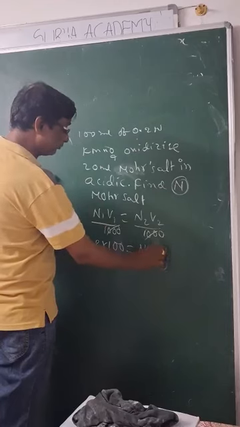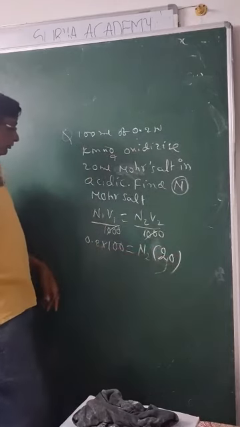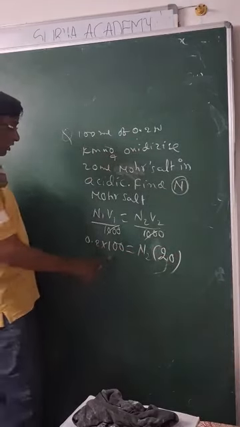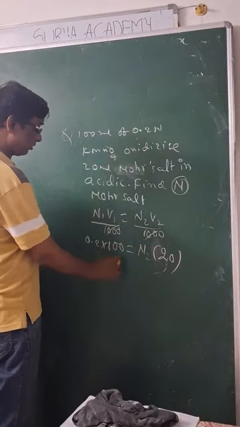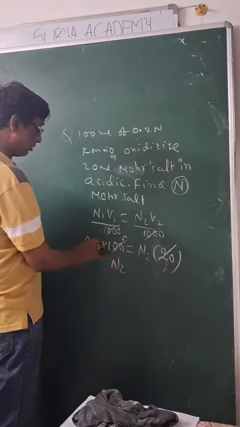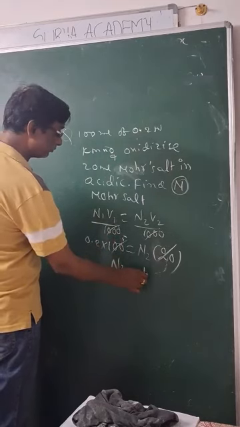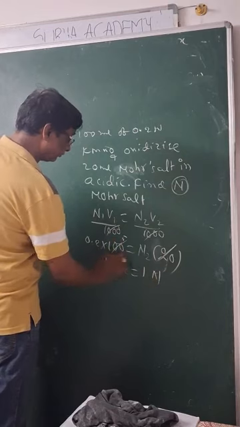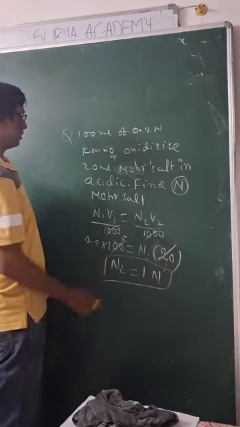So 0.2 into 100 by 20 is 5 times 0.2, which is 1 normal. This type of questions are asked.